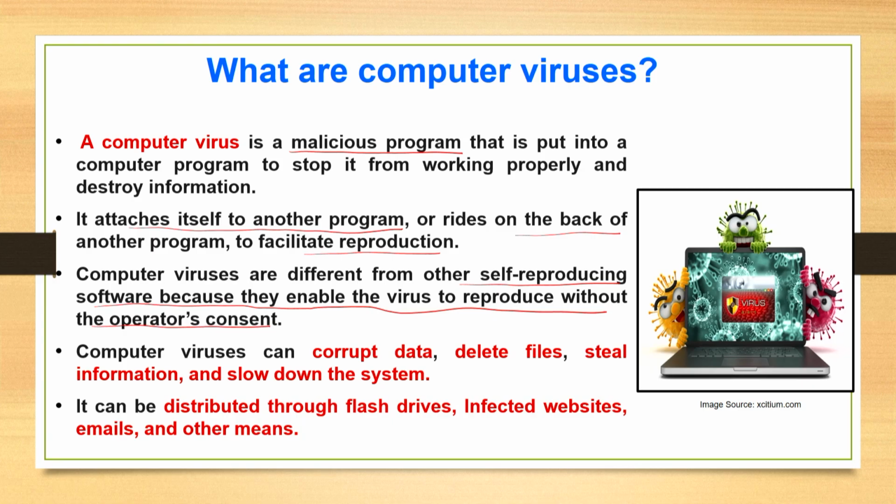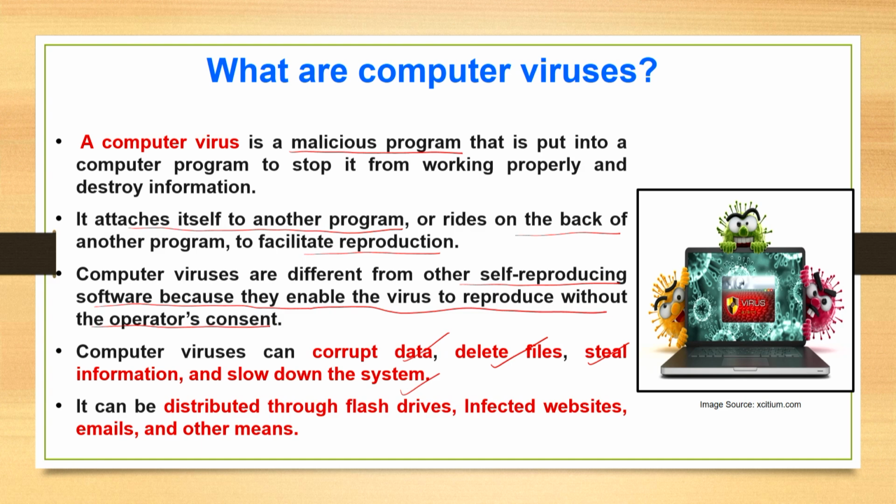A virus attaches itself to another program or writes on the back of another program to facilitate reproduction. These computer viruses are different from other self-reproducing software because they reproduce without the operator's consent, and they can corrupt the data, delete the files, steal information or even slow down the system.